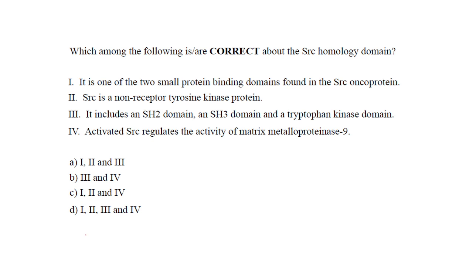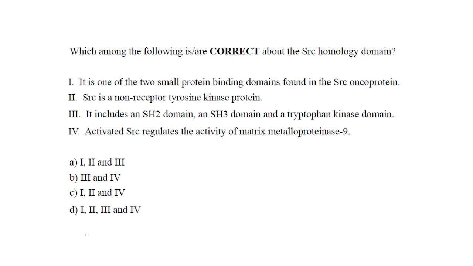Which of the following is or are correct about the SRC homology domain? Okay, that's a good one. So, an SRC homology domain is one of the two small binding domains found in the SRC oncoprotein, and it is a non-receptor tyrosine kinase protein which is encoded in humans by the SRC gene.